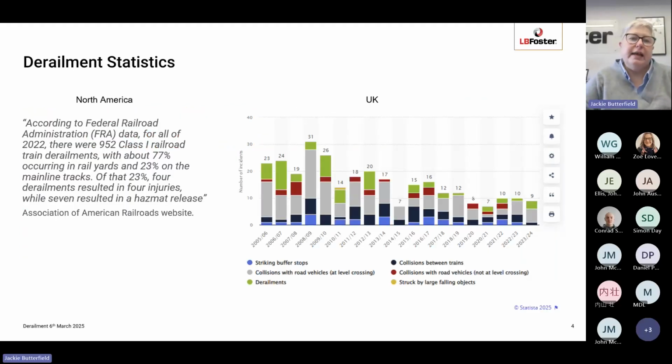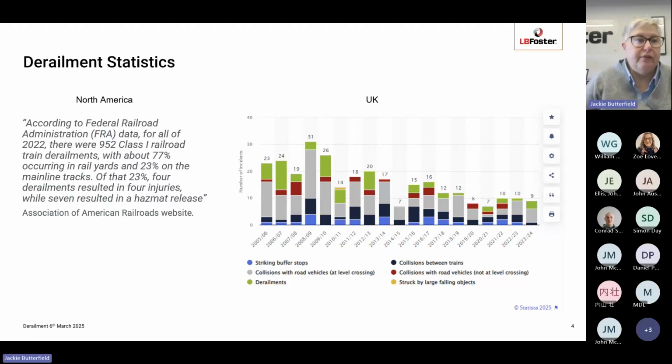Just to put it into context, I did a quick web search on derailment statistics and found a couple of websites with numbers on derailments over the past few years. In North America, on the Federal Railroad Administration website, in 2022 there were 952 Class 1 railroad derailments.